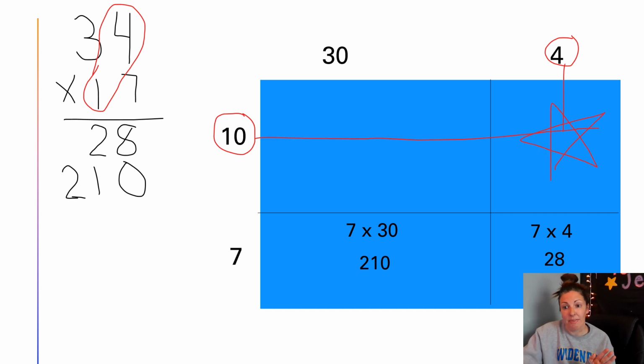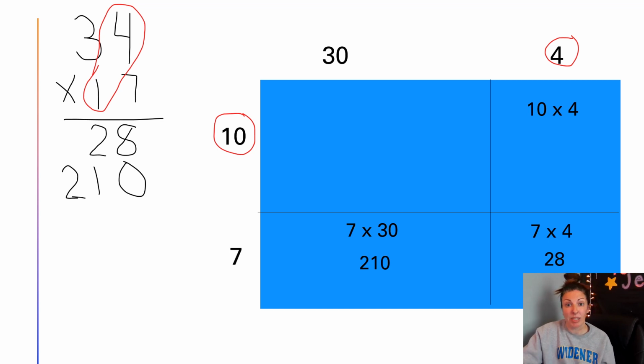So I did that, and I can see that I'm going to be completing my work in this upper right-hand box right here. So the problem that I'm going to be solving in this box is taking my 110, or my 10, and multiplying it by my 4 ones.